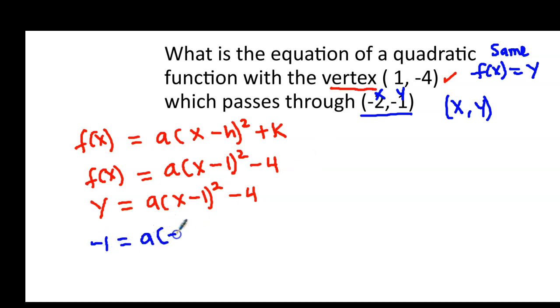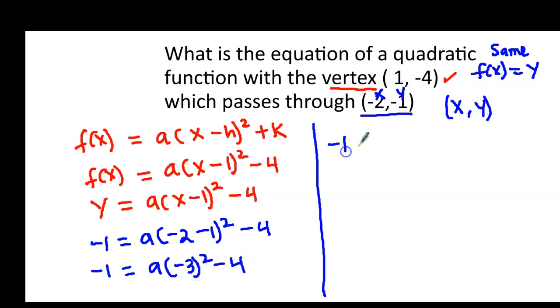And here is -2. Somebody will say, why here you didn't switch it to positive? Because there is no number here. It's like it's positive. Positive times negative is negative. So it's going to be -2 as it is. And then -1 all squared minus 4. -1 is equal to a. Negative becomes negative.